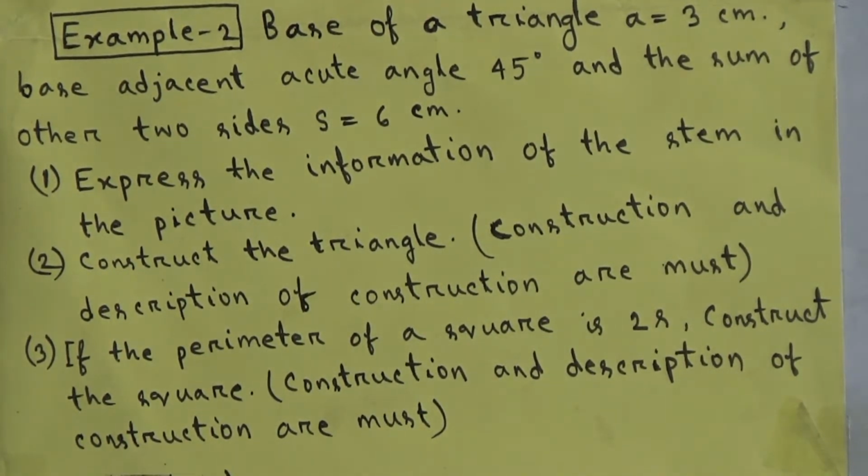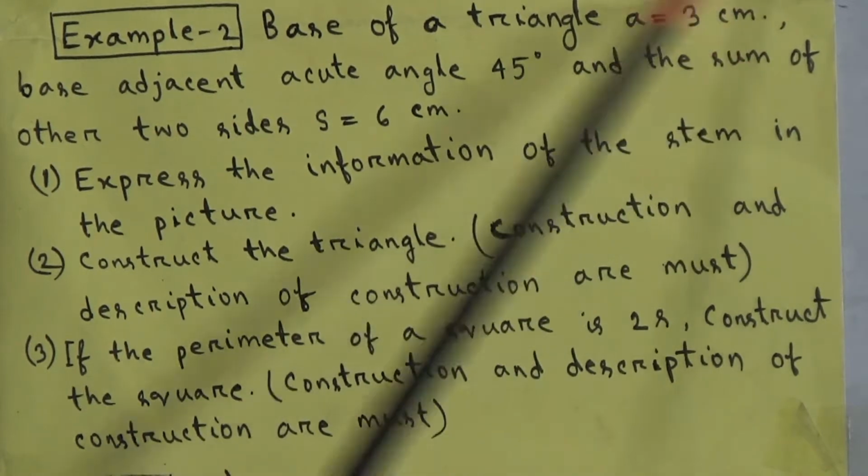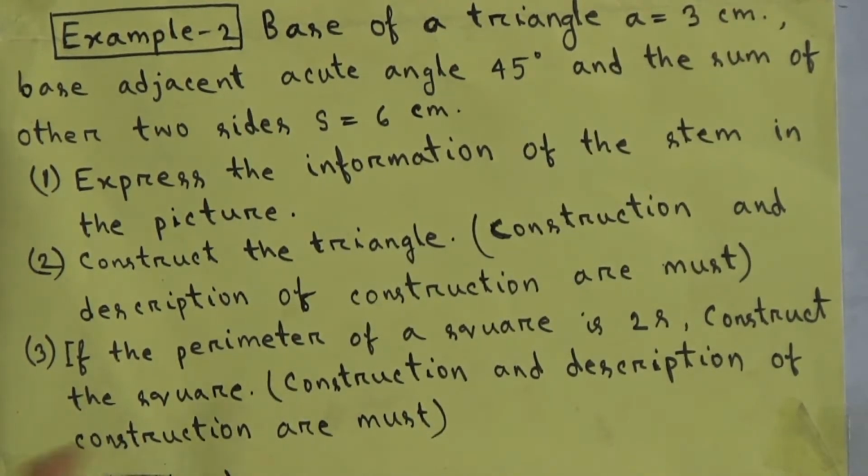That means we have to draw a total of 2 line segments and 1 angle, and the length of one line segment will be 3 centimeter and the other line segment's length will be 6 centimeter, and the measurement of the angle will be 45 degree.